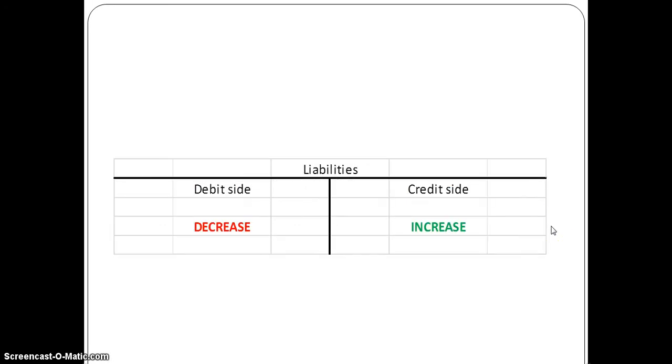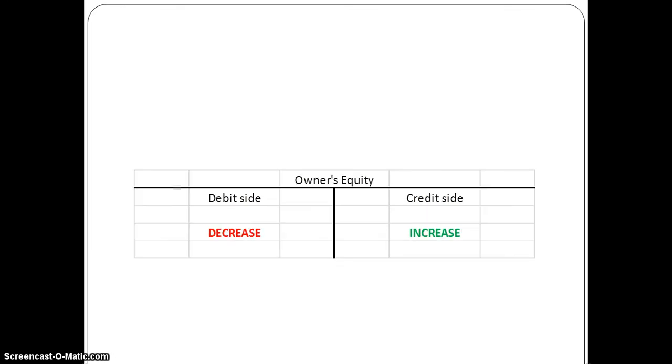So looking at any liability T form account, a debit is going to decrease a liability, and a credit entry will increase the liability. Owner's equity will decrease with debit entries and increase with credit entries.